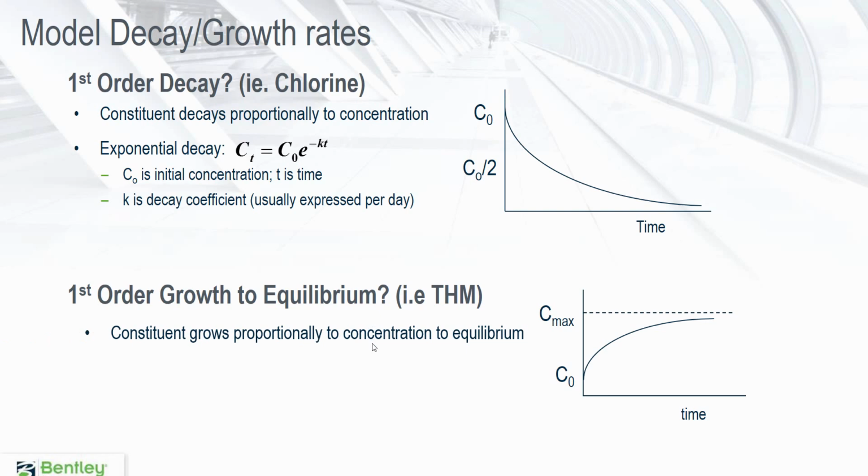And on the other end, a constituent like a DBP, a disinfection byproduct, trihalomethanes is the example here, they are going to grow exponentially to some equilibrium, some maximum point. And the reason they hit some maximum point is their building blocks to make these have been exhausted. Maybe there's no more chlorine.